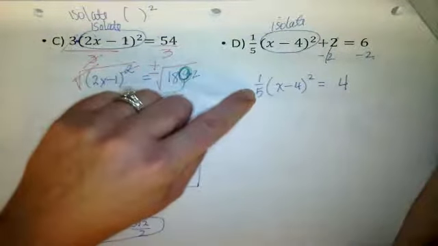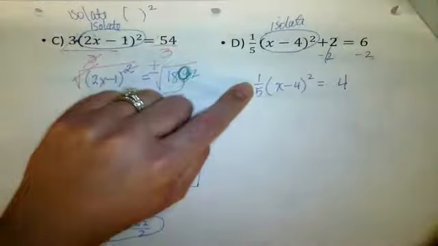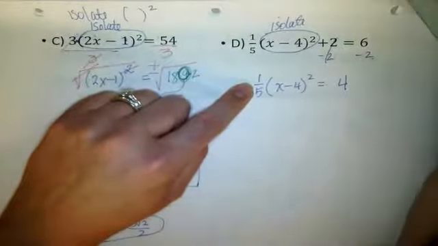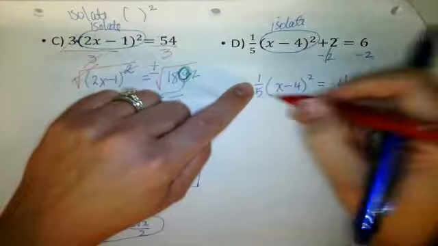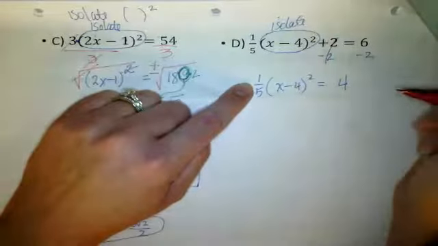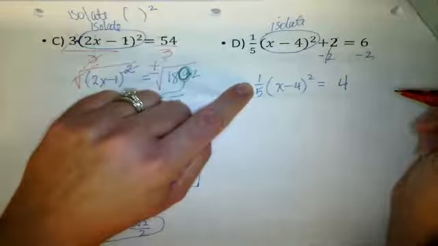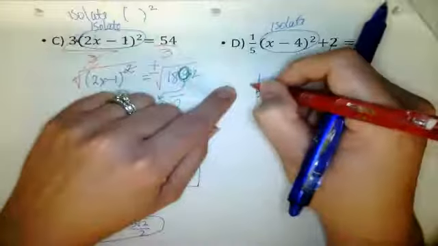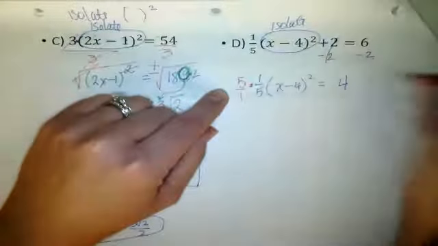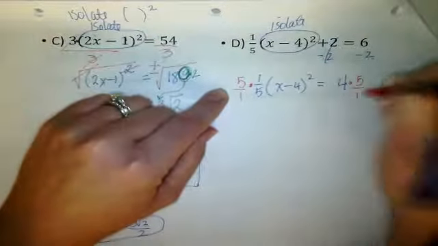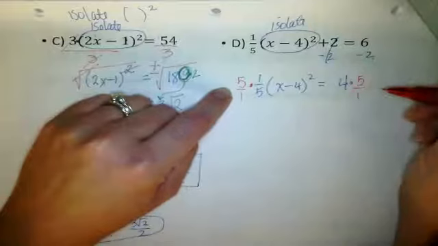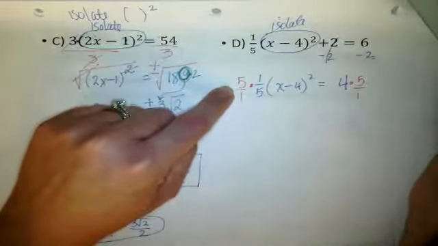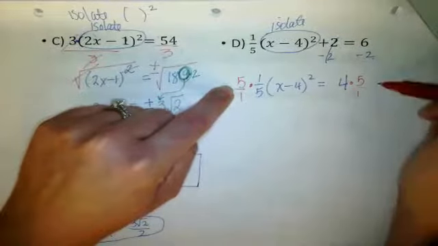Now I can deal with this fraction. What can we do to get rid of the fraction? Times by 5, yeah. You could divide by 1/5, but I really, really, really hate dividing by a fraction. So instead, we can multiply by the reciprocal. What is the reciprocal of 1/5? 5 over 1, or just 5. So we're going to multiply both sides by the reciprocal.